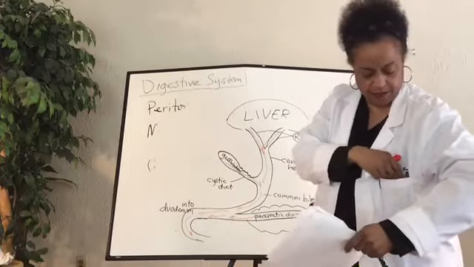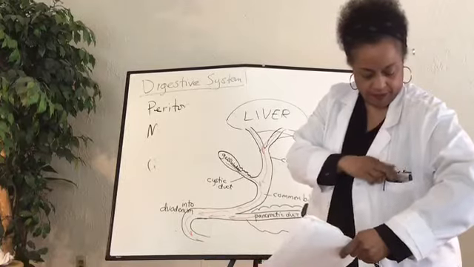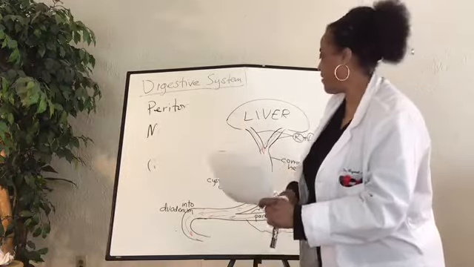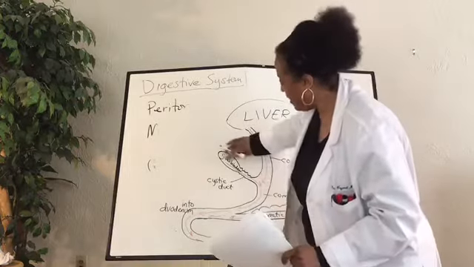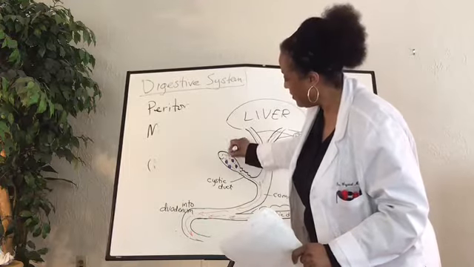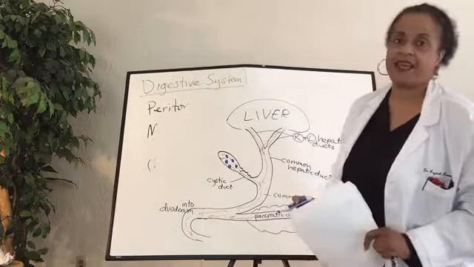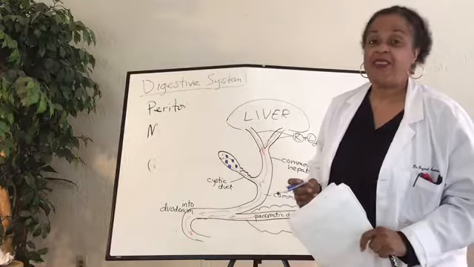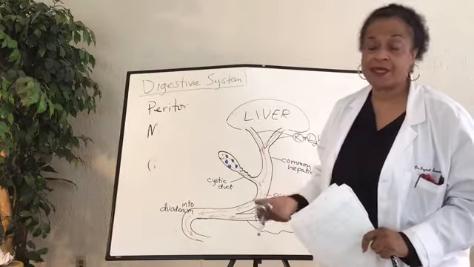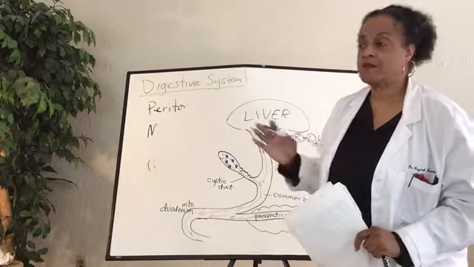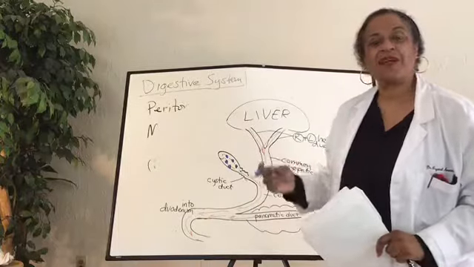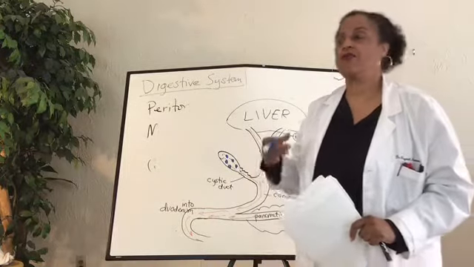So here's the gallbladder, and you have all these stones in there because you just had a high fatty meal, like for most of your adult life. You just go to McDonald's all the time, which is crazy. But then you develop these stones. But that's not the only way to get stones.